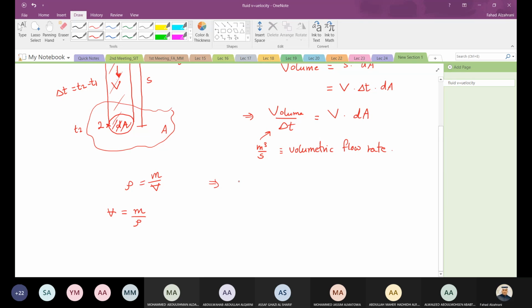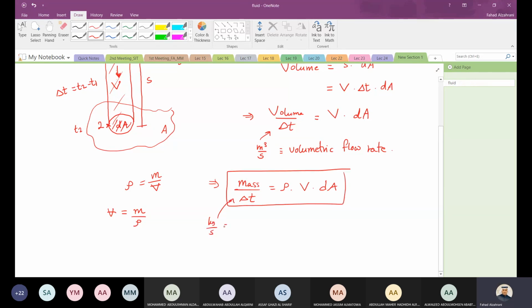So it becomes mass over delta time equals density times velocity times dA. And this is kilograms per second, which is basically the mass flow rate, which we call m dot.